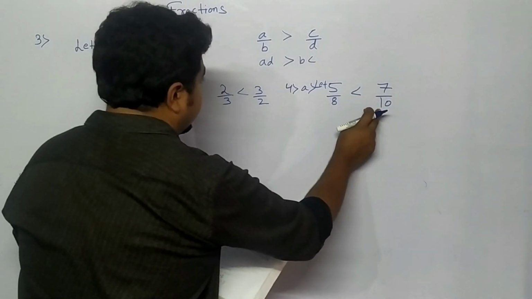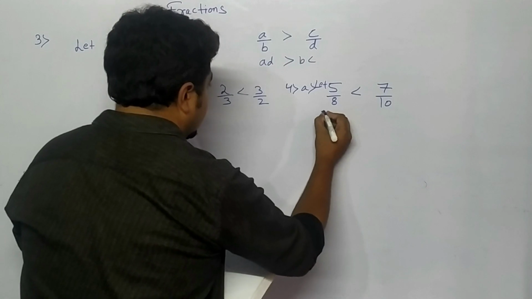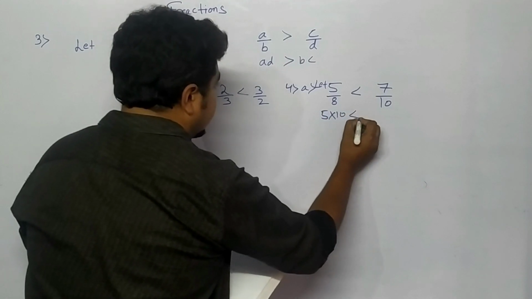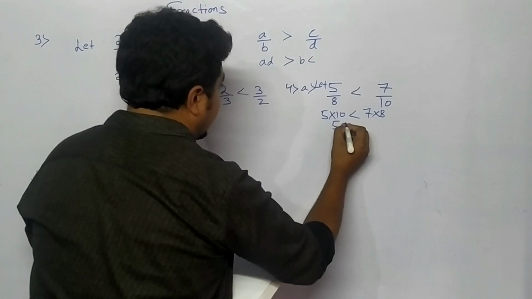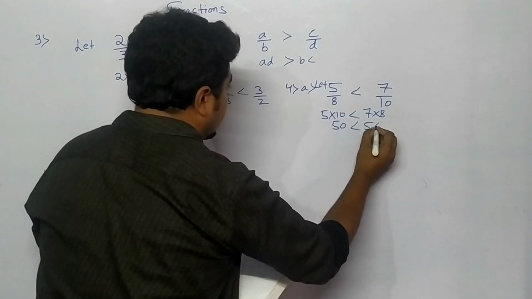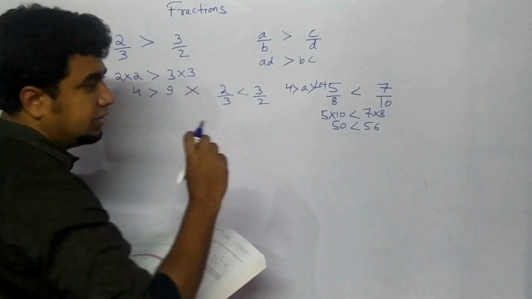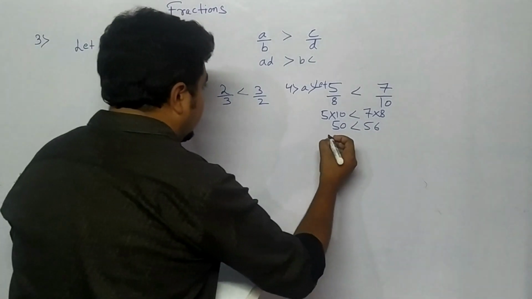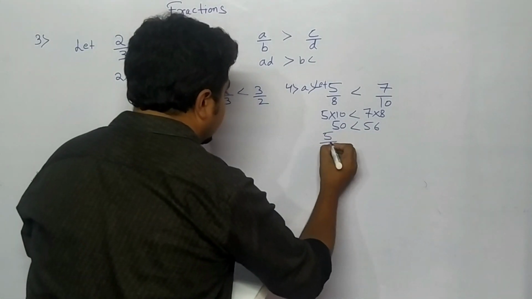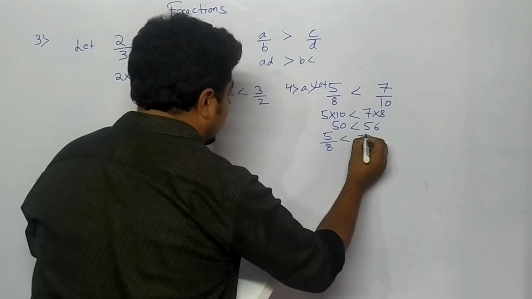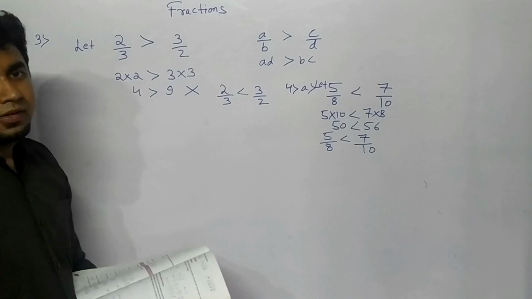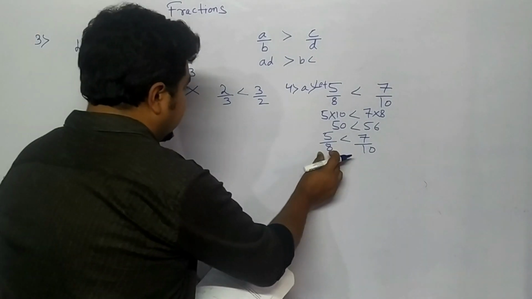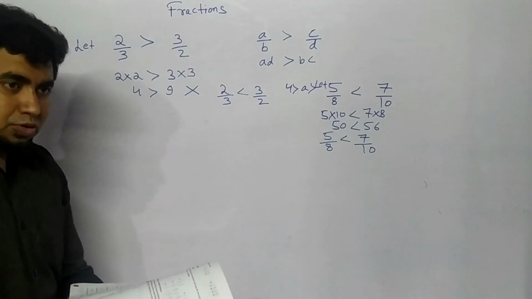Again you can cross multiply: 5 into 10, and then 7 into 8. 5 into 10 is 50 and 7 into 8 is 56. 50 is less than 56, which means our assumption is correct. From here you can say that 5 by 8 is less than 7 by 10, and this number is smaller. Is it clear to all of you?